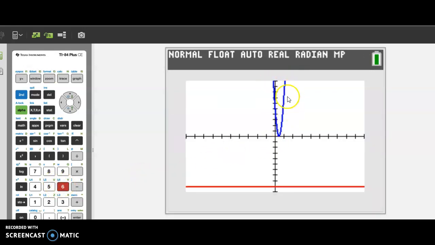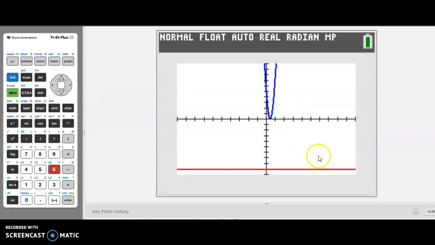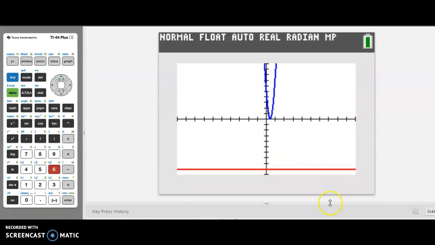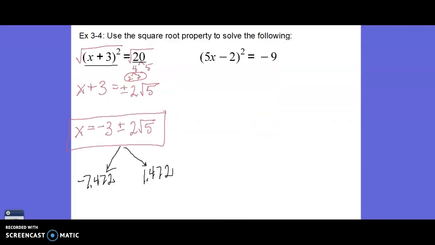You should see we have an upwards parabola and then a horizontal line way down here. So my question to you is, where do they intersect? And I hope all of you are thinking it. Obviously, we can't interact on a video. That there's no point of intersection, so there's no values for x that make this true. So this one is no solution.